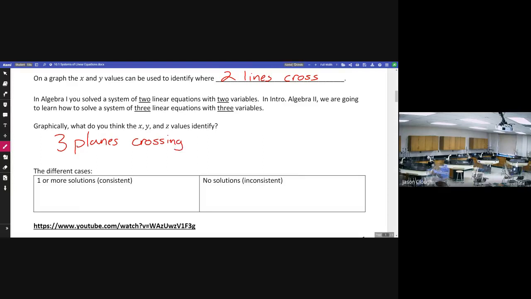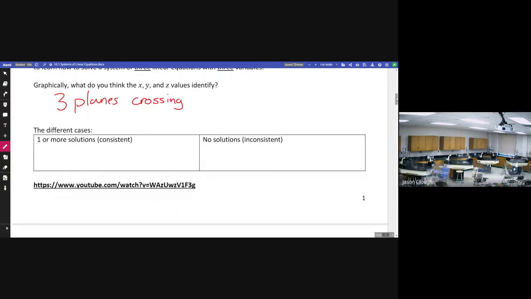So there are a few different cases. There's the case where we have 1 or more solutions. So this basically means that they all cross at shared points. So that could be either they cross one time, all at the same location, or maybe they cross along an infinite number of points.